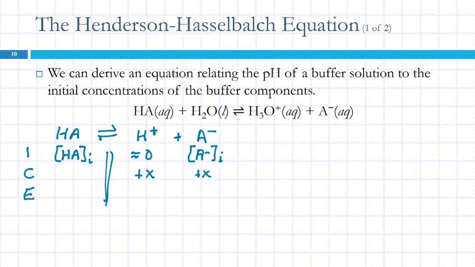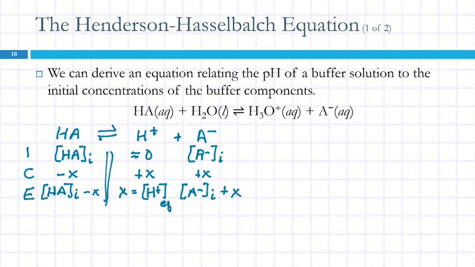And so plus X minus X, we get HA initial minus X. We get A- initial plus X. And then this is just X, which equals the hydrogen ion at equilibrium.